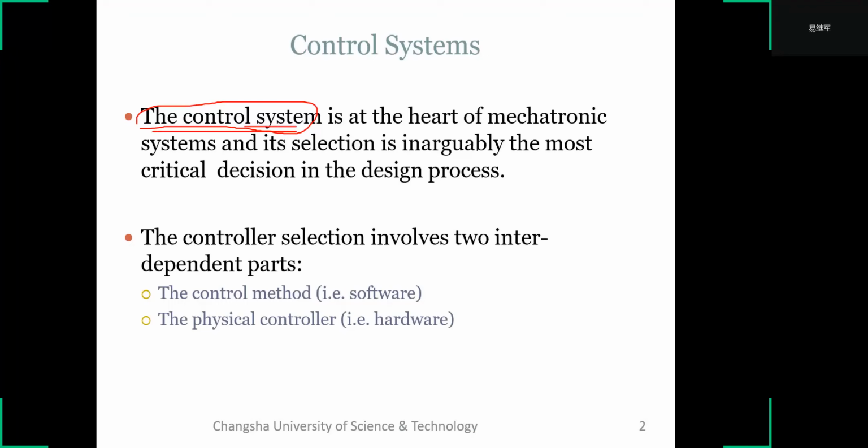It is the heart of mechanical systems, and its selection is inarguably the most critical decision in the design process. The controller selection involves two interdependent parts: hardware and software.